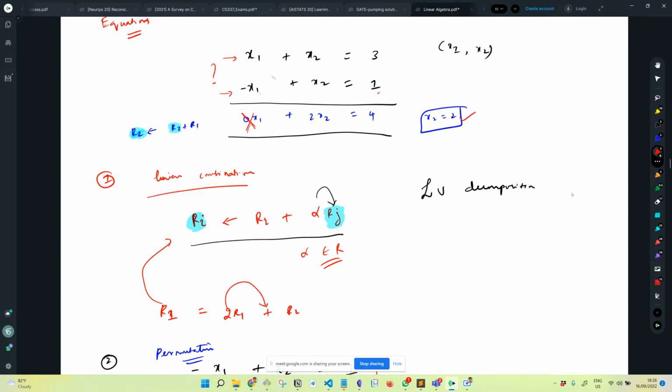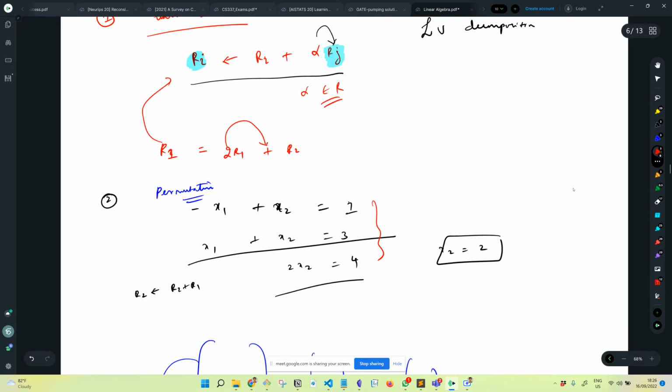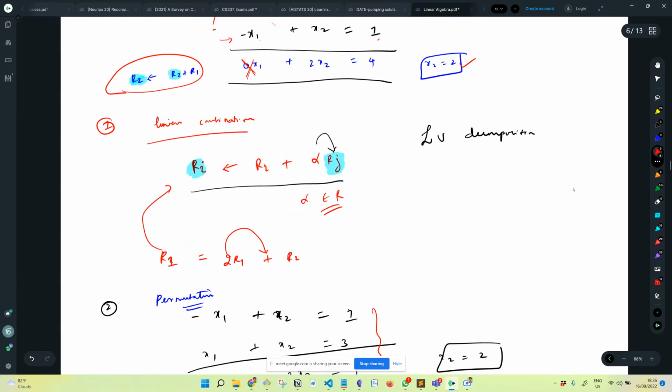Now from this operation that you do on paper, I am formalizing linear combination. A linear combination is any operation of the form Ri equals Ri plus alpha times Rj. Alpha is a scalar. By scalar I mean a real number. You can do any such operation on a matrix, and that is a legal operation. Why?